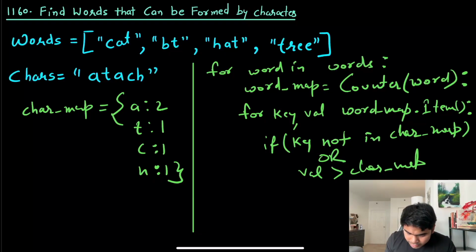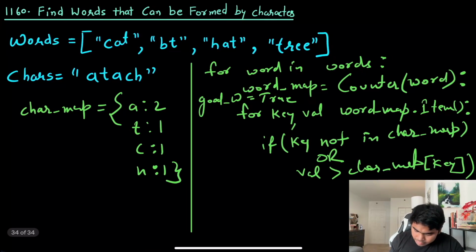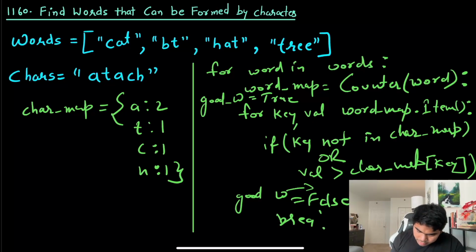Then also we cannot create this word, right? So if that's the case, we can break out, or maybe we can have a flag, let's say good word. Initially we'll mark it true, and here if that's the case, we will mark good word equals false and break from here. Then in the end you check if still good.